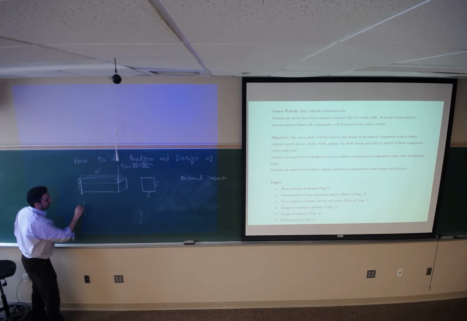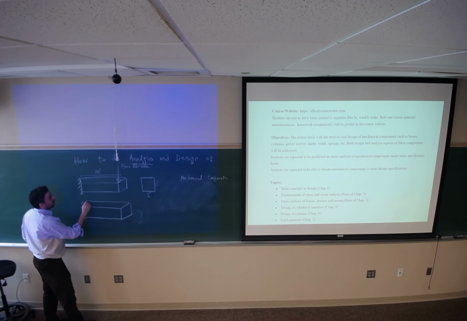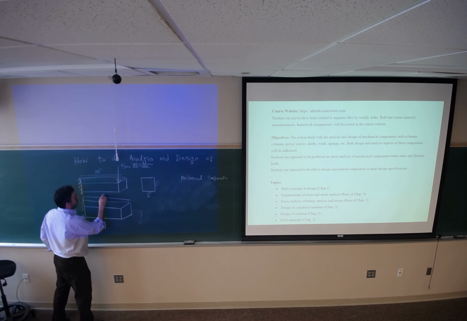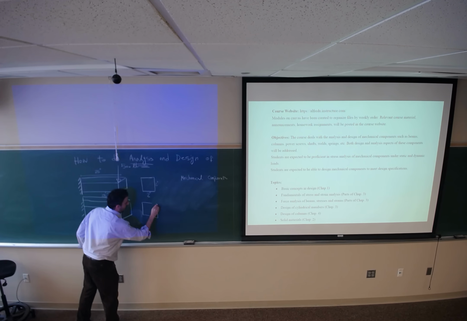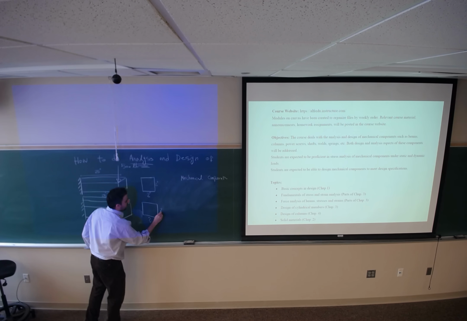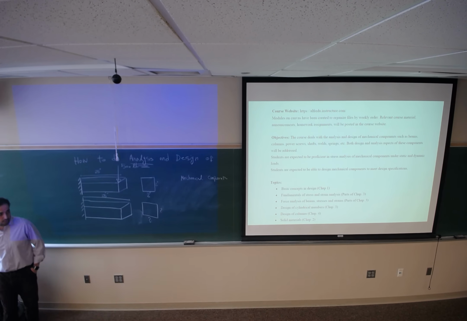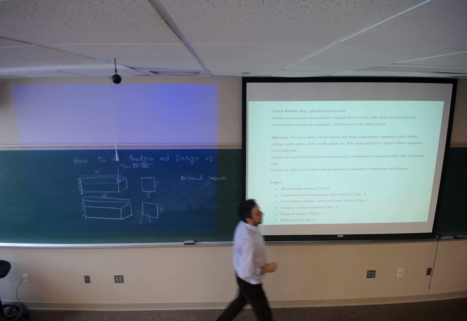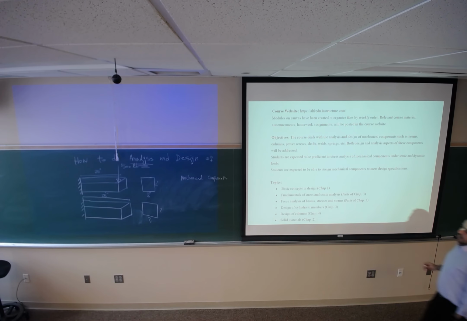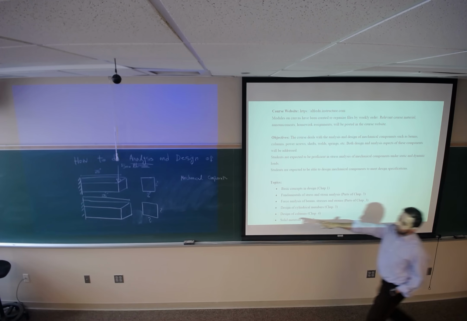If I provide the same things except we don't know the cross section's dimension. We know that it's a square, but we don't know the dimension or the thickness of the cross section.